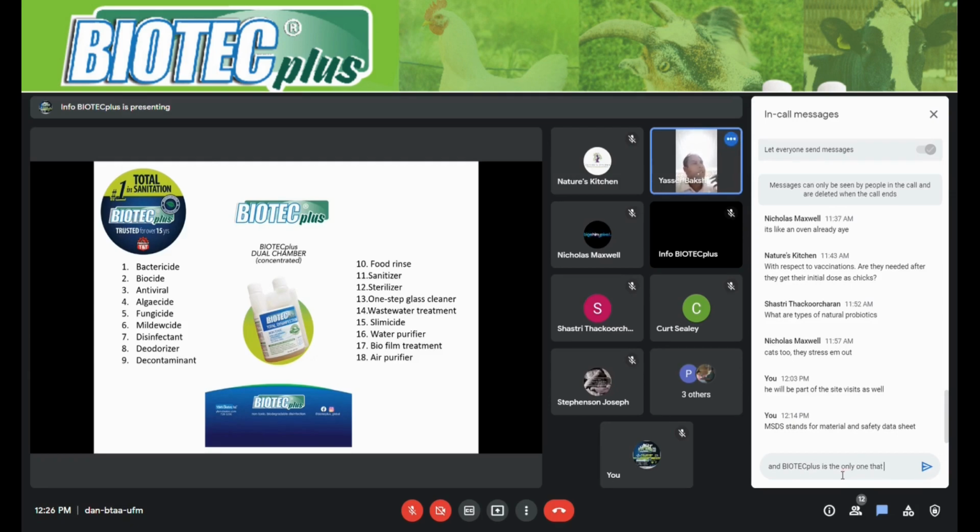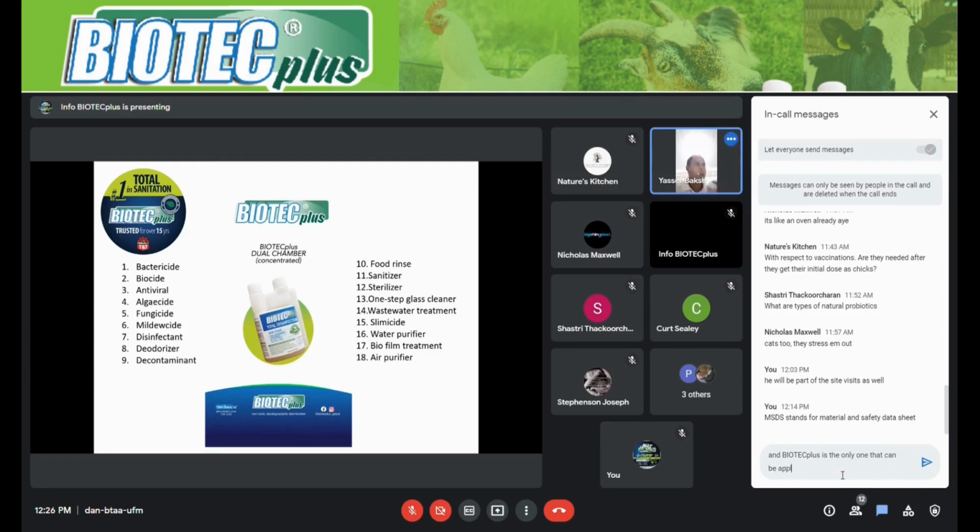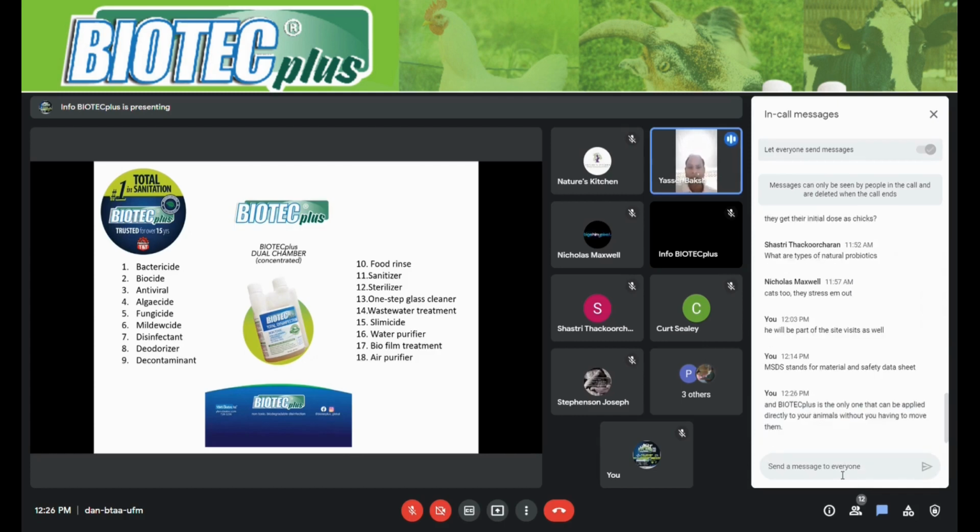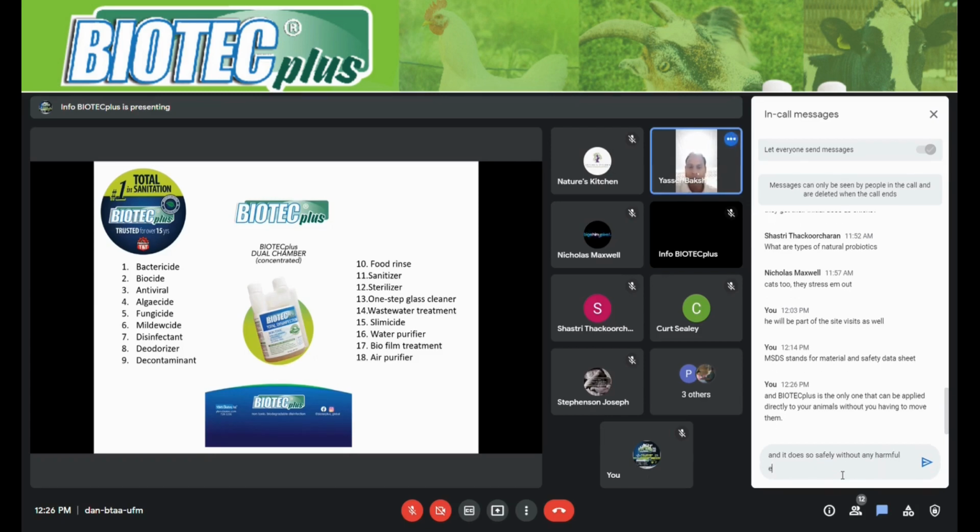Now, in contrast, Biotech Plus gives you, actually it gives you 30, but we're giving you 18 here, things that it can do for your farm. It is a bactericide. And also, as I mentioned before, it is the only product that can be directly applied onto your animals, meaning it is also a wound healer.